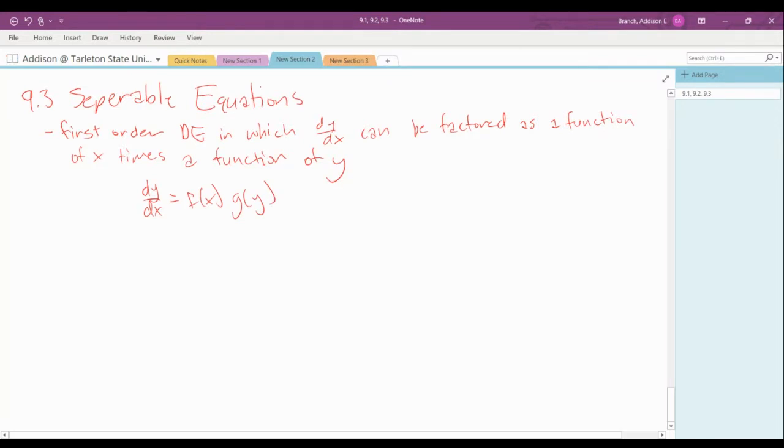But let's say hypothetically we wanted to play with this a little bit, where we had some function of x over a function of y. As long as g of y does not equal 0, we can say that h of y is 1 over g of y. Therefore, dy over dx is equal to f of x times g of y.